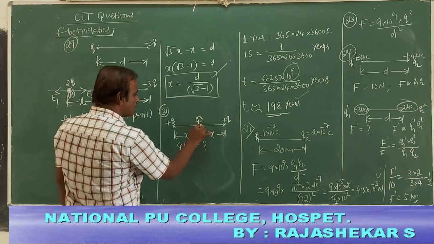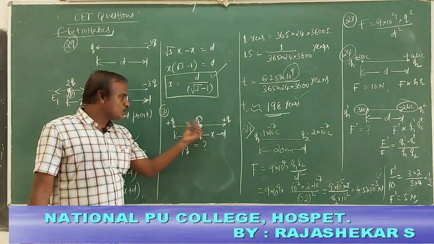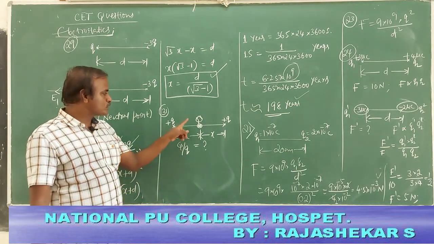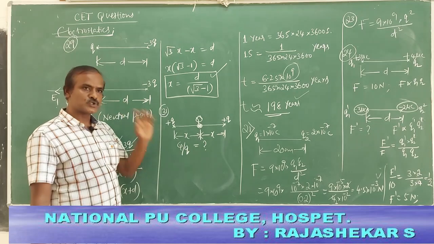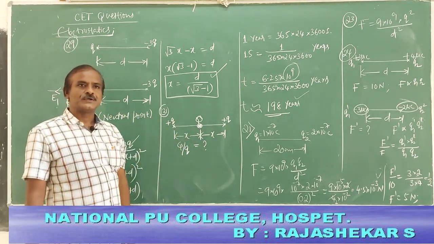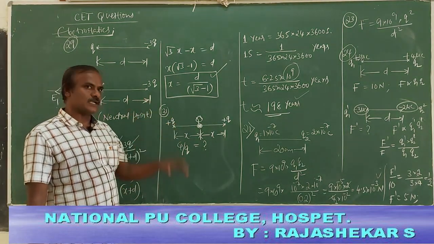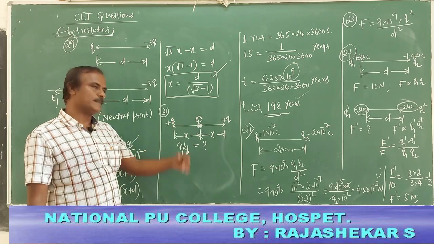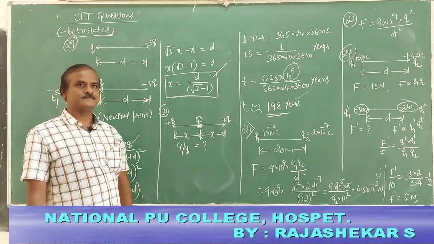And the condition is this should be in equilibrium. In order for this to be in equilibrium, the force between these two charges and the force between these two charges should be cancelled out. Then the system will be in equilibrium.